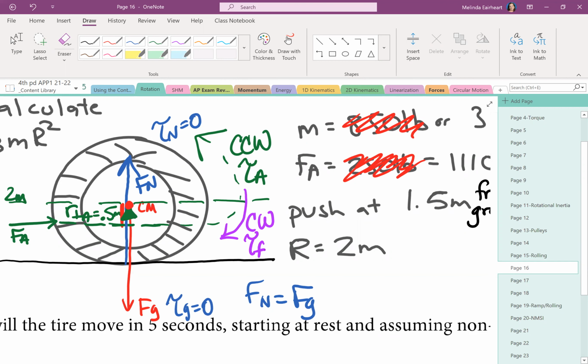Therefore, friction happens at the point of contact. So look at the bottom of the wheel. What direction of force, what straight line direction, would cause a clockwise torque? It's below the pivot.